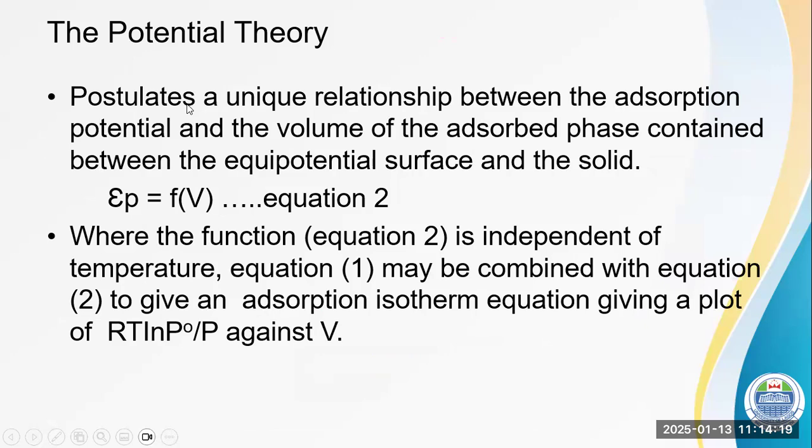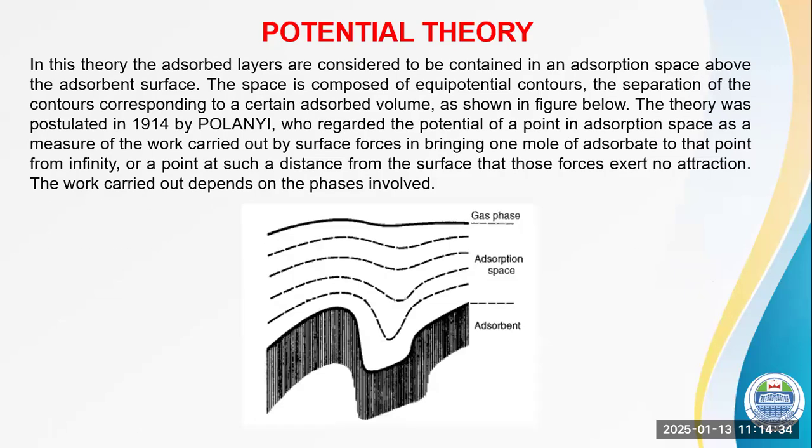The potential theory specifically postulates a unique relationship between the adsorption potential and the volume of the adsorbed phase contained between the equipotential surface and the solid. This is the equipotential surface here, the surface that behaves as a liquid.